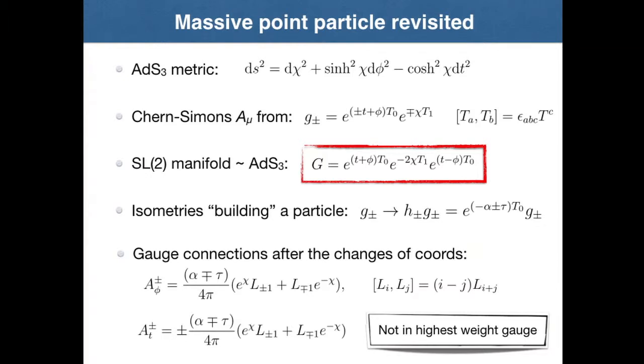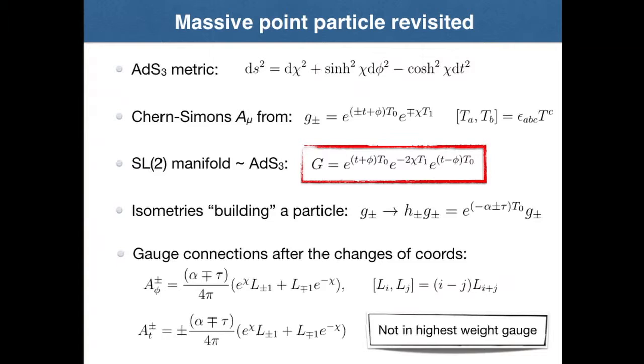And now I have also introduced this other basis of SL2 that will appear often in the following. The main unpleasant feature of the result of these manipulations is that you obtain connections that are not in the highest weight gauge. So if I want to avoid passing through the metric, I cannot read off directly what I built with this procedure just by looking at the result.